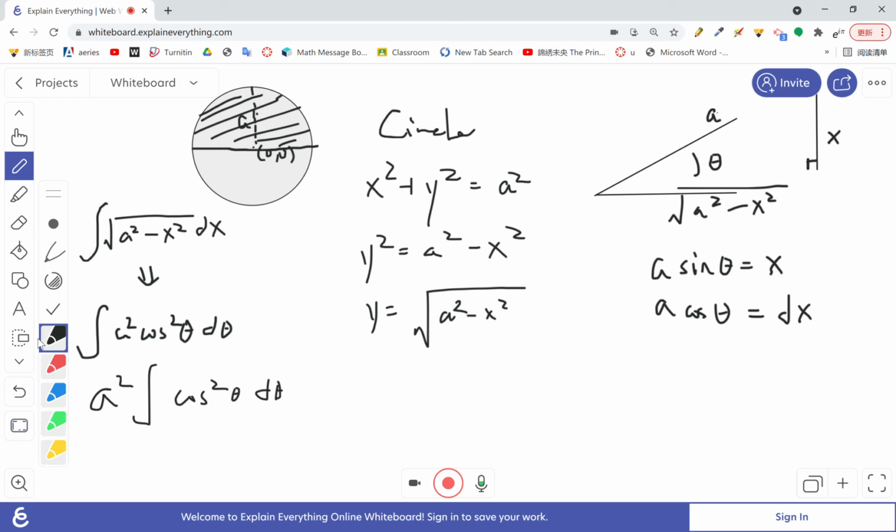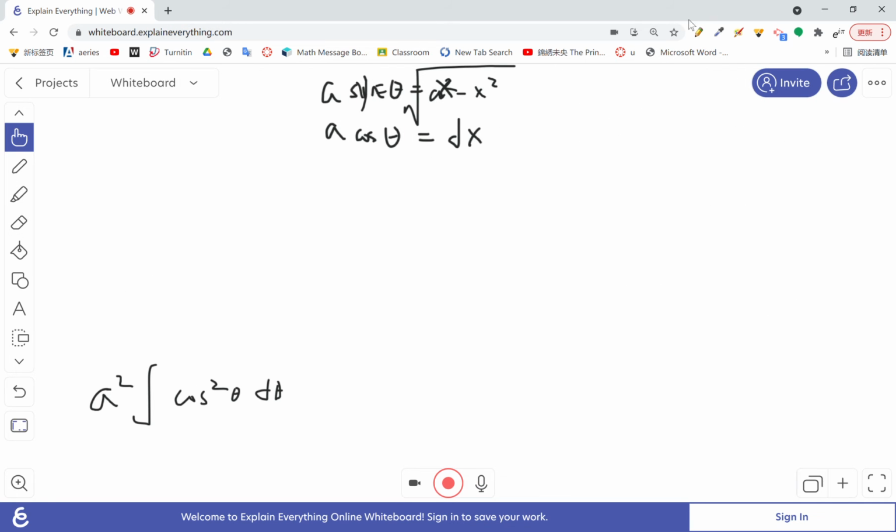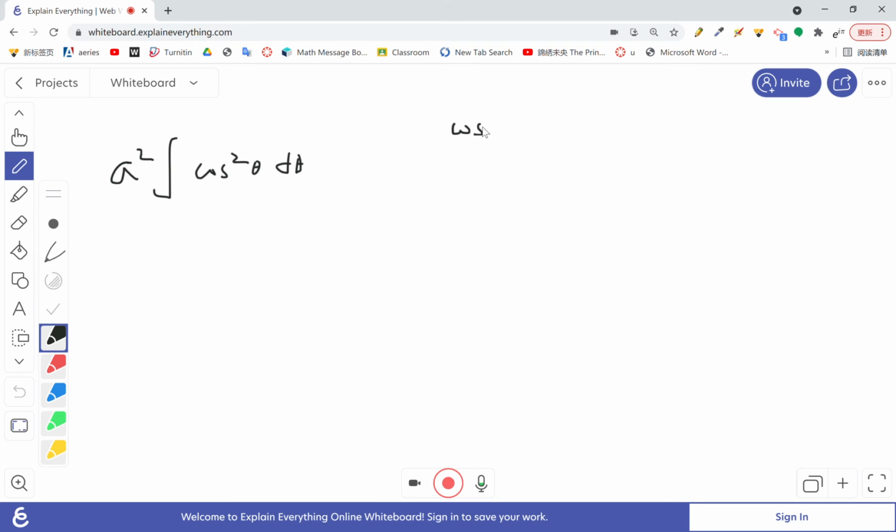Now I'm going to find the integral of cosine squared theta, with the identity that cosine squared theta is equal to 1 plus cosine of 2 theta over 2.